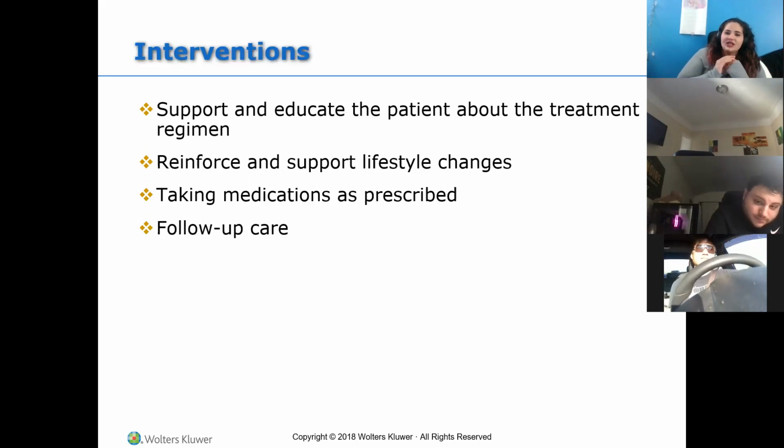Interventions. We have support and educate the patient about the treatment regimen, reinforce and support lifestyle changes, taking medications as prescribed, and going to follow-up care. Lifestyle changes before meds. Yes, lifestyle changes are before medications. You want to try and do lifestyle changes before medications.